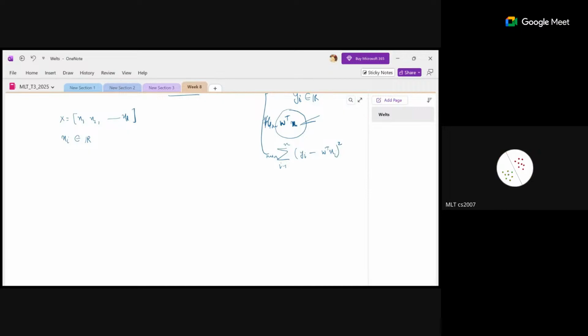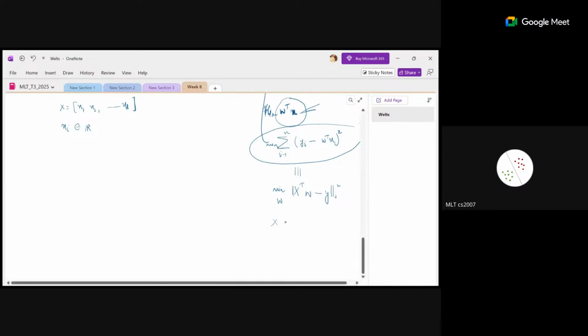You are again mixing up a matrix and a vector. If we go back to the linear regression problem, when we wrote that we want to minimize this, it was equivalent to minimizing the norm squared of X transpose W minus Y. Here X is a matrix, a D cross N matrix.